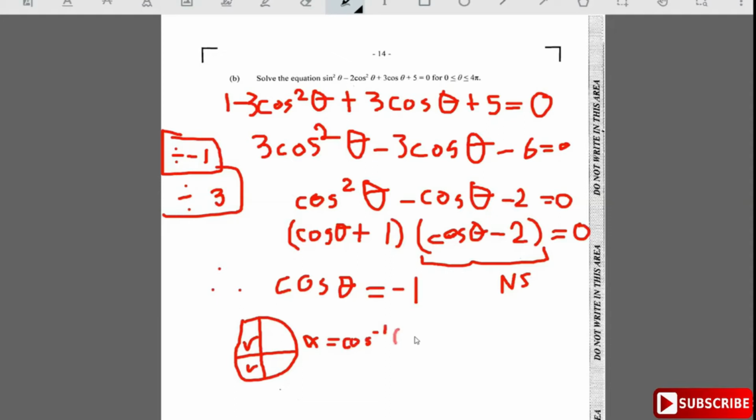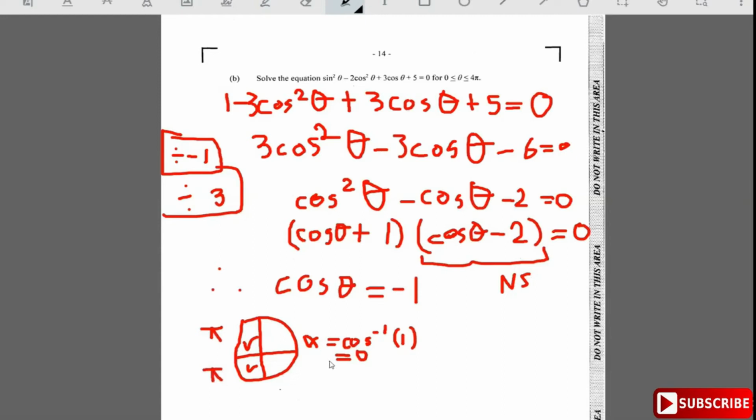When you find cos inverse of 1, that will give you the principal acute angle. Cos inverse of 1 is 0. And so the angle over here is pi minus 0, which is pi. And the angle here is pi plus 0, which is also pi.